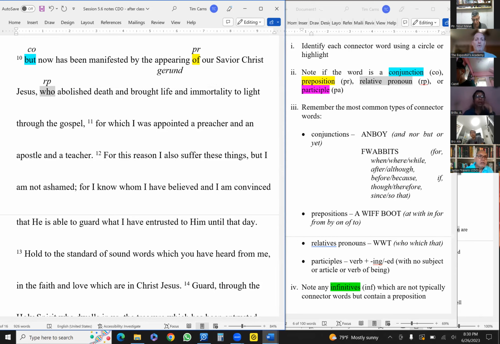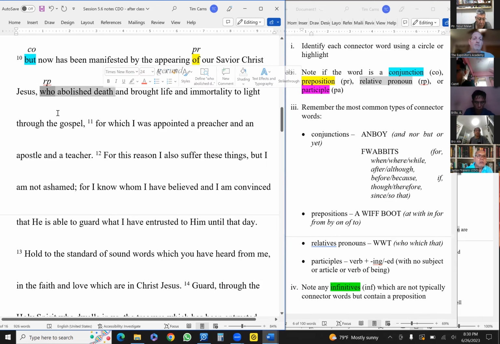Excellent. Remember, relative pronouns introduce a dependent clause. Okay, so who abolished death? That's a dependent clause modifying Jesus. Jesus, who abolished death. So when you diagram it, who abolished death will go under Jesus.